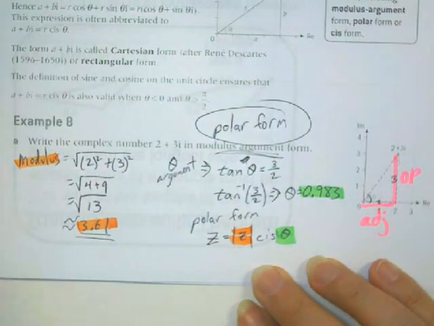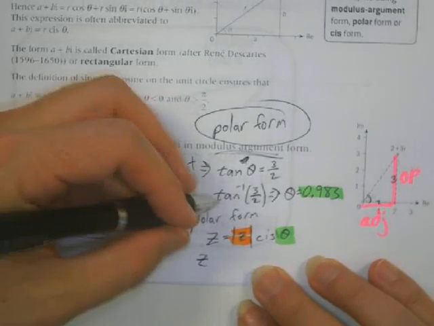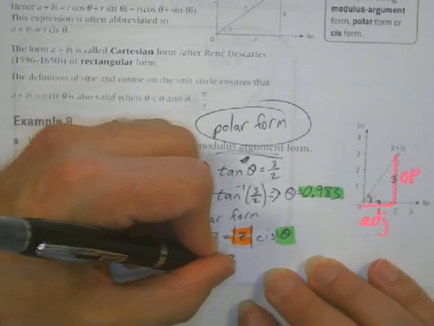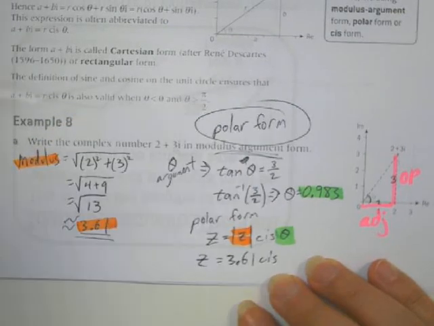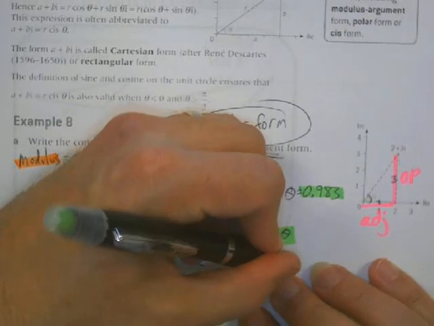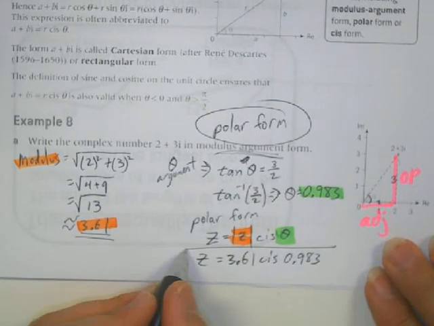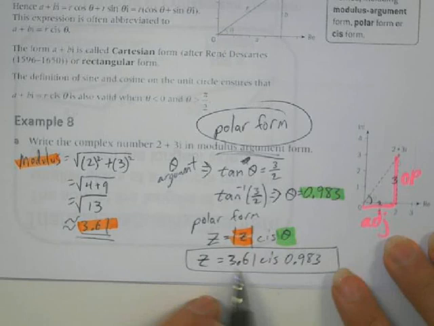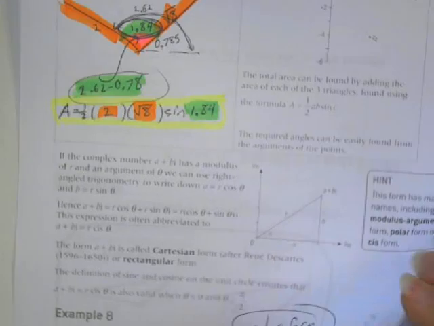Okay, so we can write out our answer as 3.61 cis 0.983. And now we've written it in modulus argument form. Okay.